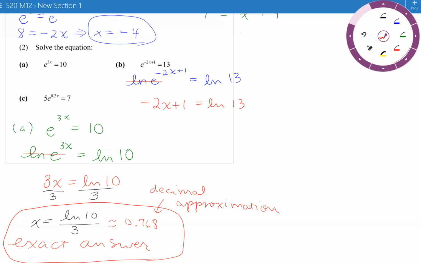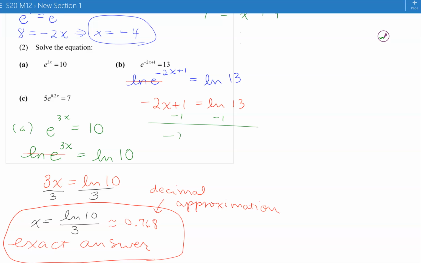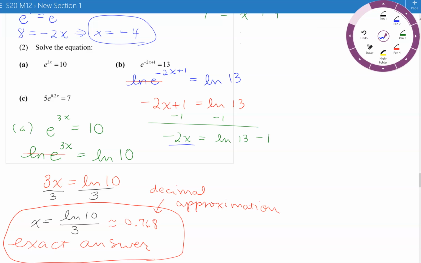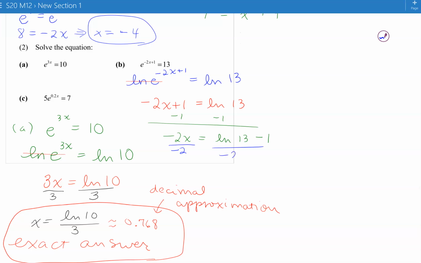And now we need to solve for the x. So we're going to subtract 1. Negative 2x is the ln of 13 minus 1. And divide both sides by negative 2. And so x equals the ln of 13 minus 1 over negative 2. And this is your exact answer.